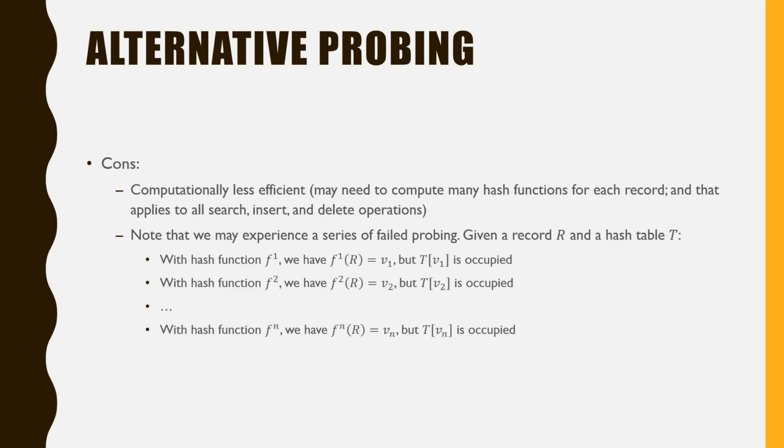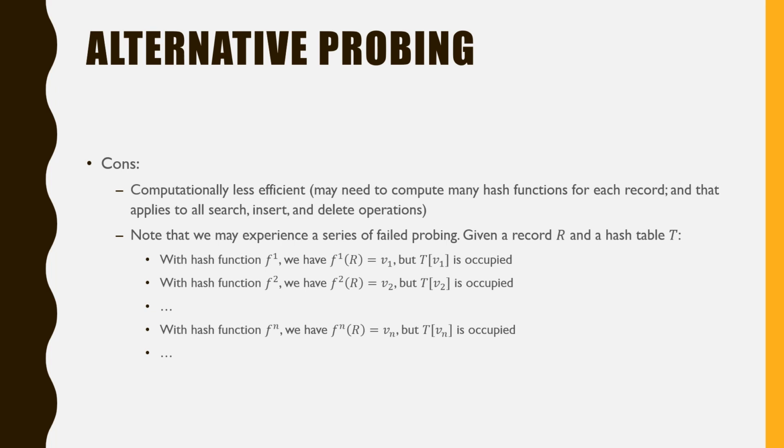On the other hand, probing can be less computationally efficient. This is because an insertion can trigger a series of failed probings, which require us to compute many different hash functions. For example, applying a hash function f1 to the record R results in hash value v1, but we find that Tv1 is occupied.